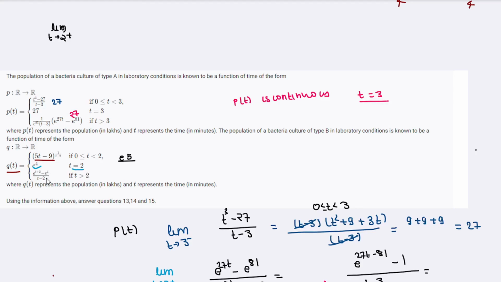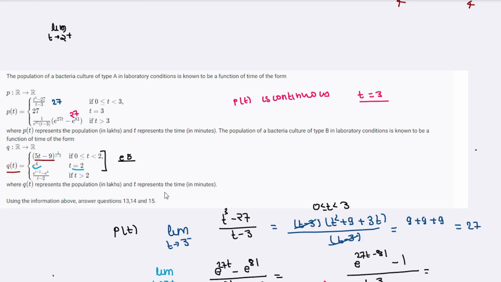Similarly, we can find the limit when t tends to 2 plus. For our practice only, we can conclude that q of t is not continuous by solving only one function, or only one limit.